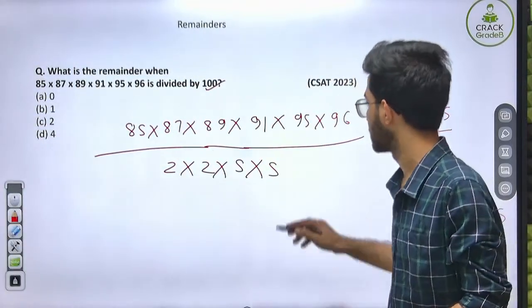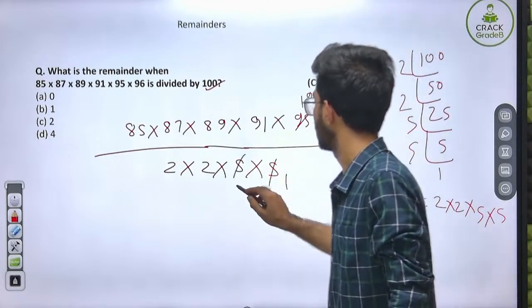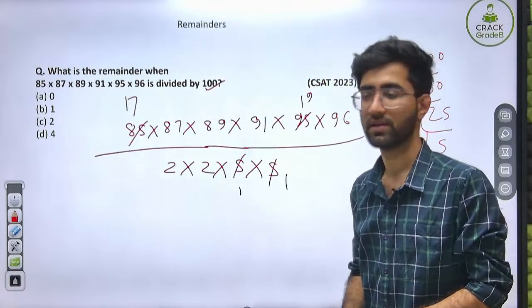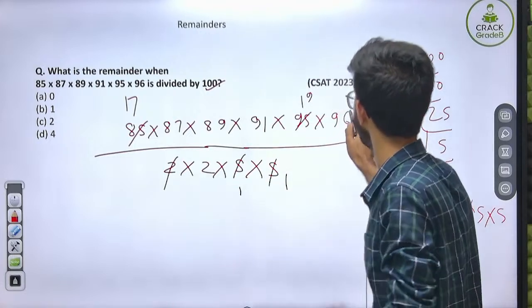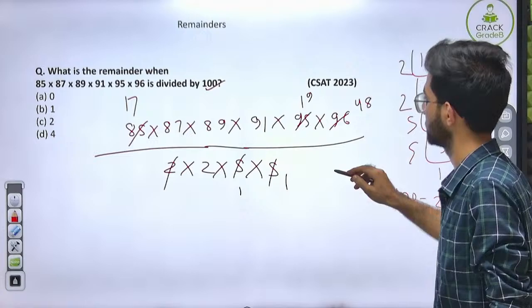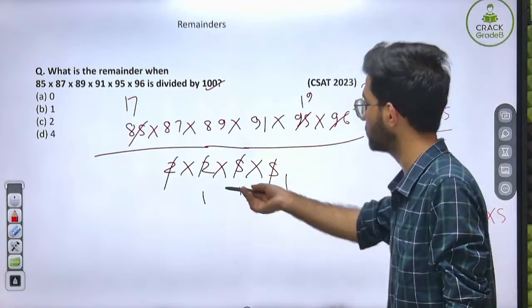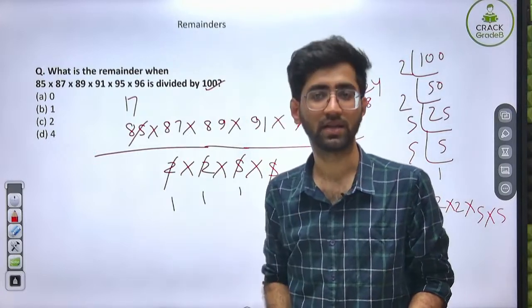Now notice one thing: 5 into 1 and 5 into 19, 5 into 1 and 5 into 70, right? Now notice 2 into 48, right? And 2 into 24. Are you able to notice this thing? This number is perfectly divisible by 100.